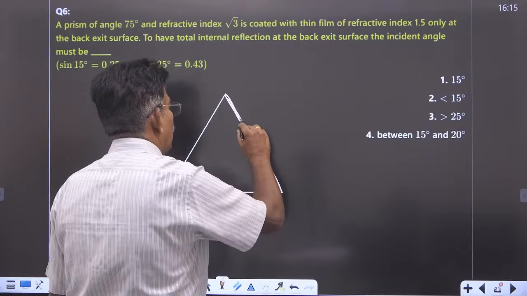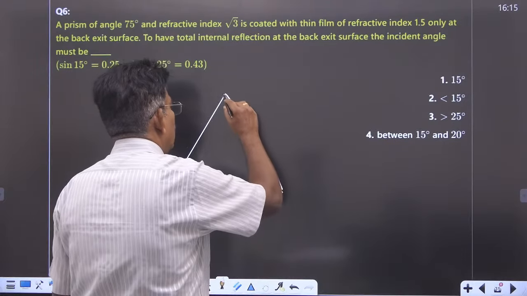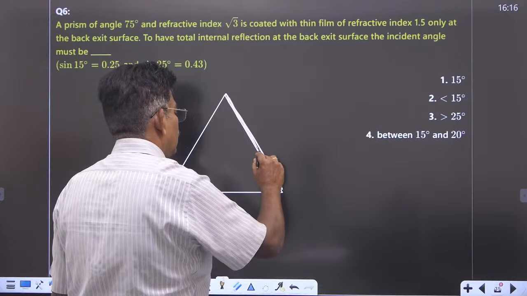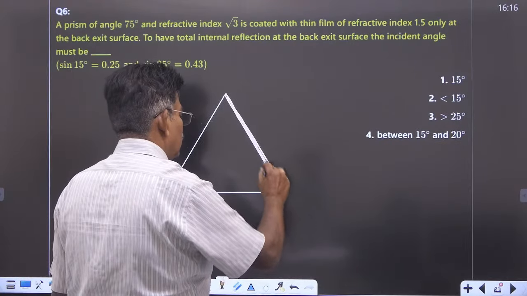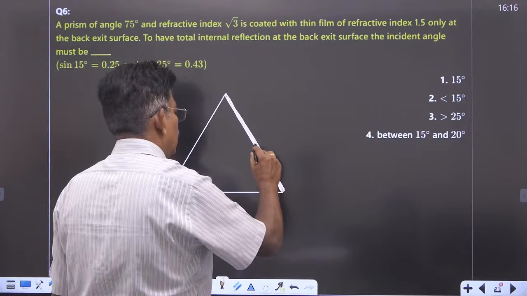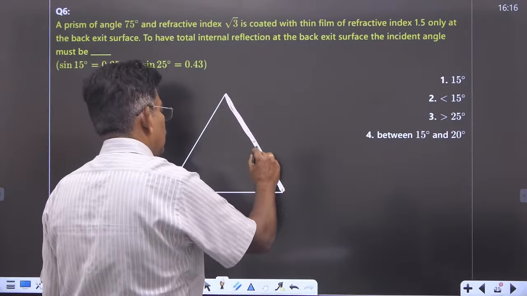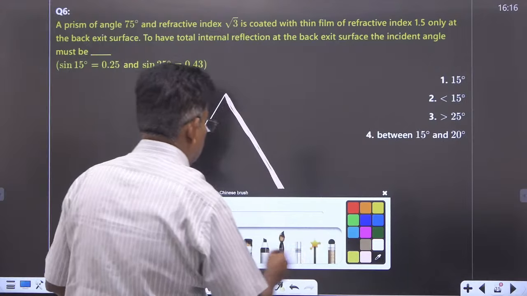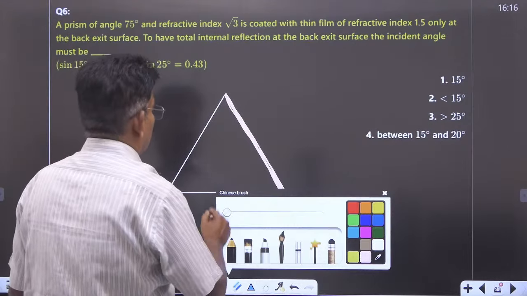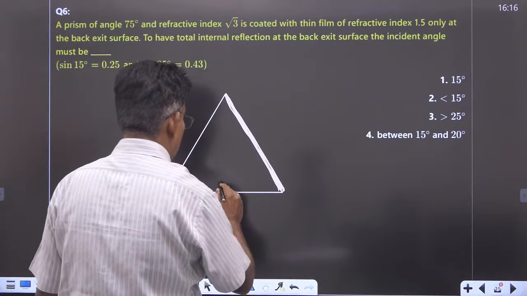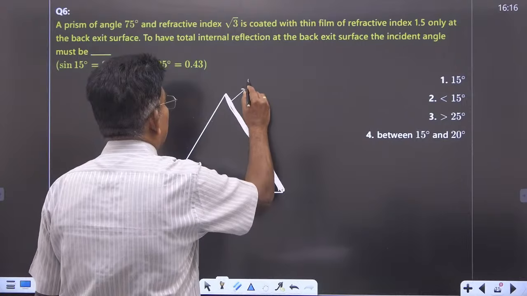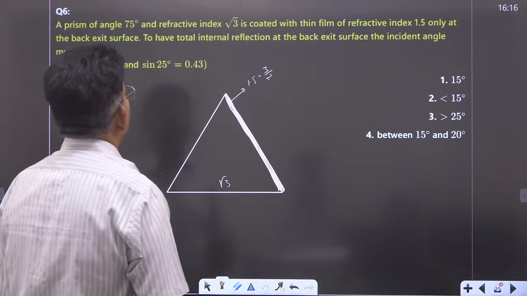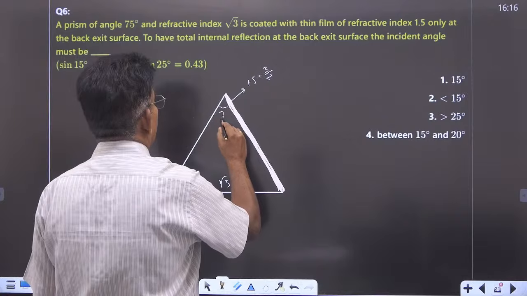There is a thin coating of a material of refractive index 1.5. The given refractive index of the prism material is √2. This material is 1.5 or 3/2, this is the less dense material. Then the prism angle is 75 degree.